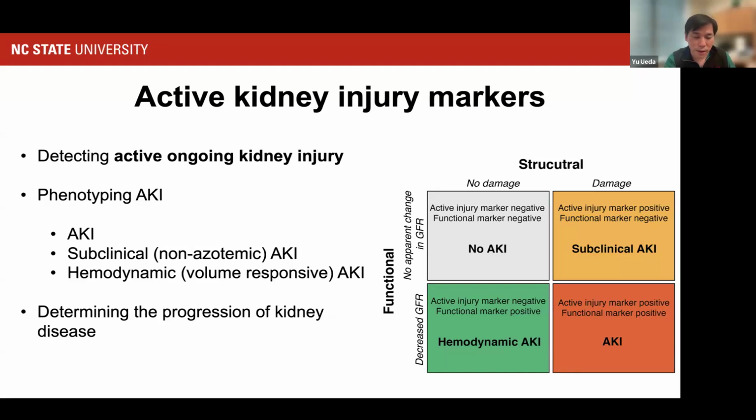When they have increased functional markers but no increase in active kidney injury markers, this patient might have hemodynamic or volume-responsive AKI, previously called pre-renal AKI, pre-renal azotemia. When patients are positive for active injury markers but negative for functional markers, this patient might have subclinical or non-azotemic AKI. So you might be able to get more phenotypes or subgroups of AKI based on the active kidney injury markers.